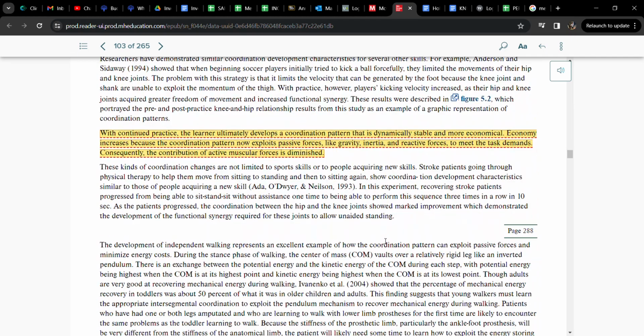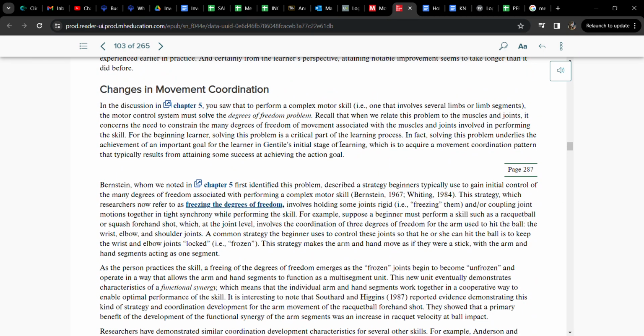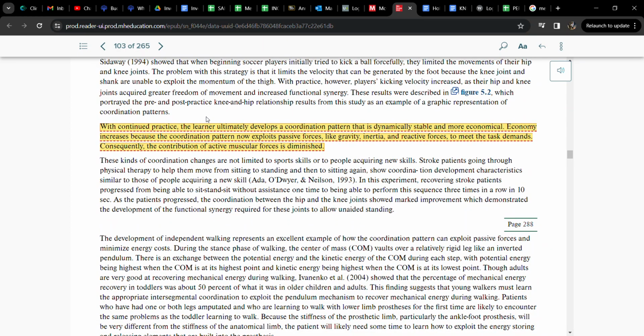Next is changes in movement coordination. When we talk about movement coordination, the learner ultimately develops a coordination pattern that is dynamically stable and more economical. Economy of movement is the idea that you don't make extra movements that you don't need to. You're really efficient, you're really economical, and it looks really smooth.